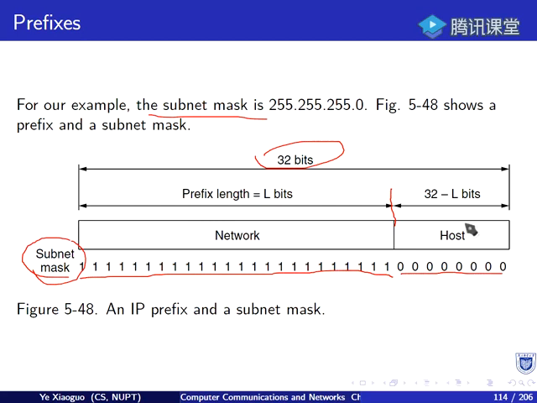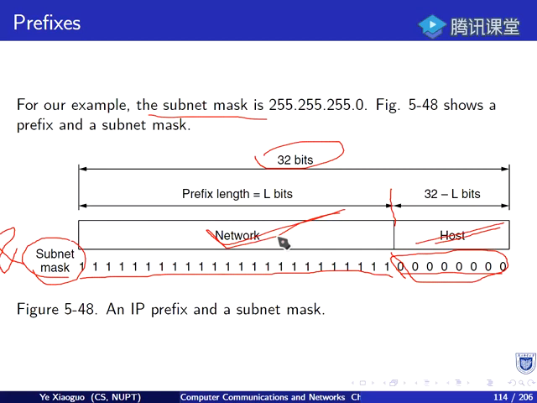So when the mask is applied with any address, it drops the host portion and extracts the network portion, because the host bits in the mask are all 0.